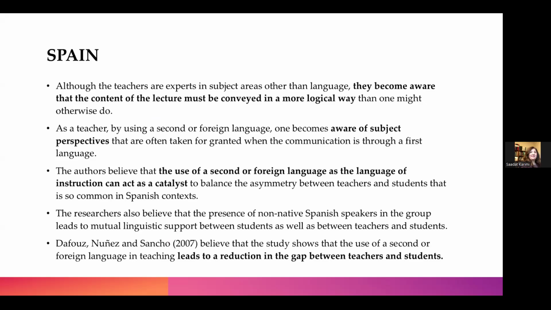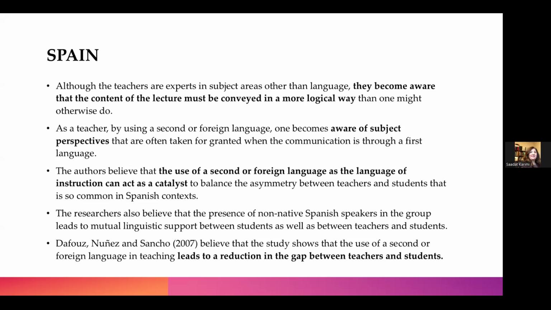Also, the teachers are experts in subject areas other than language. They become aware that the content of the lecture must be conveyed in a more logical way than one might otherwise do.